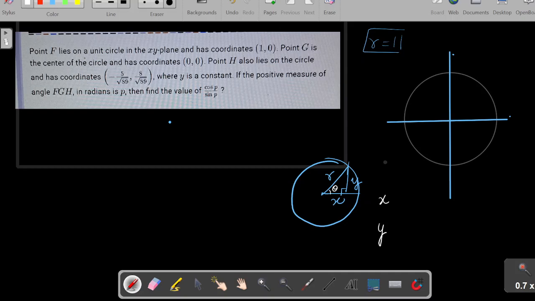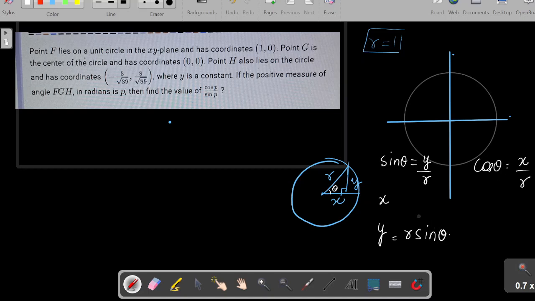From here, if you find sin theta, what is it? Perpendicular over hypotenuse, right? So it is y over r. Can I say y equals r sin theta? Similarly, if you find cos theta, you get x over r.